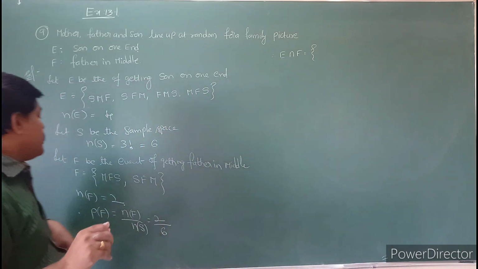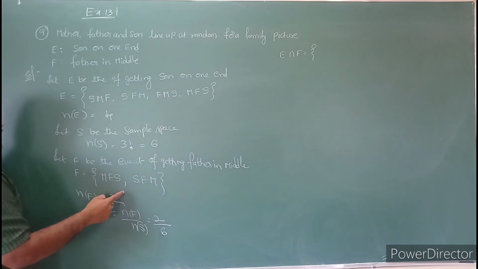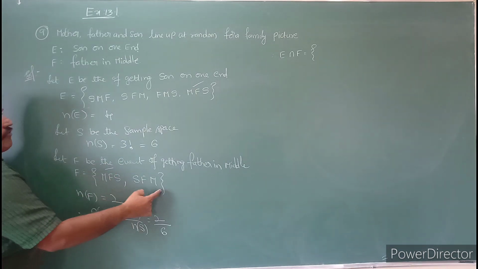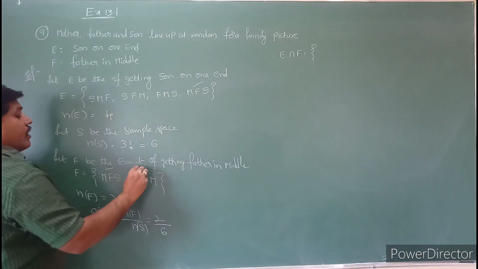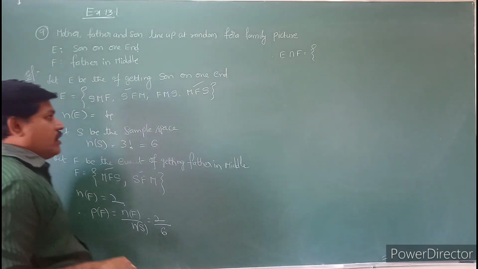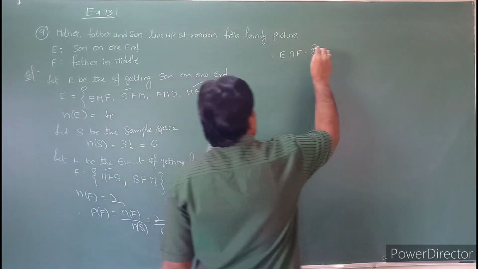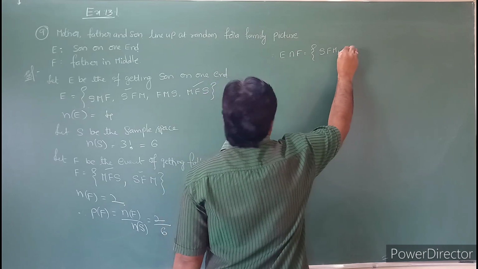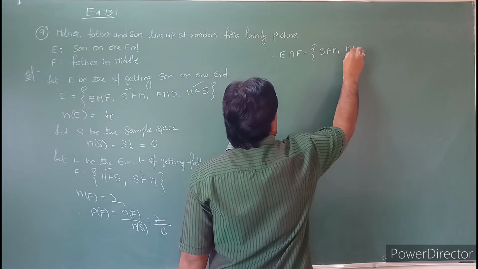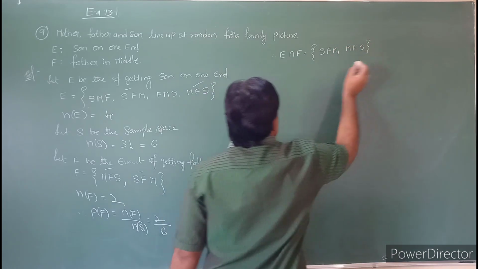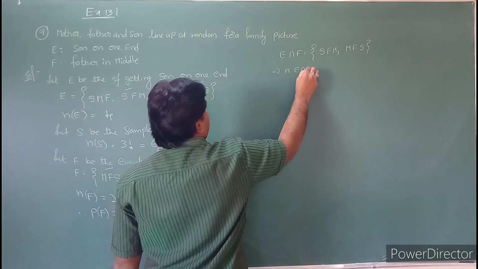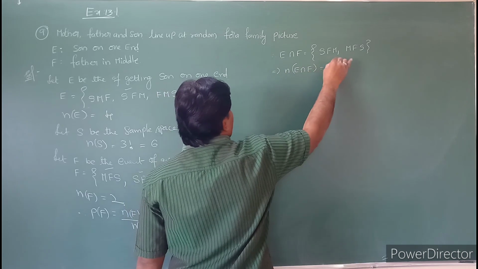So MFS is there, and SFM is also there. We can take the intersection as S, F, M and M, F, S. That implies n(E intersection F) is equal to 2.